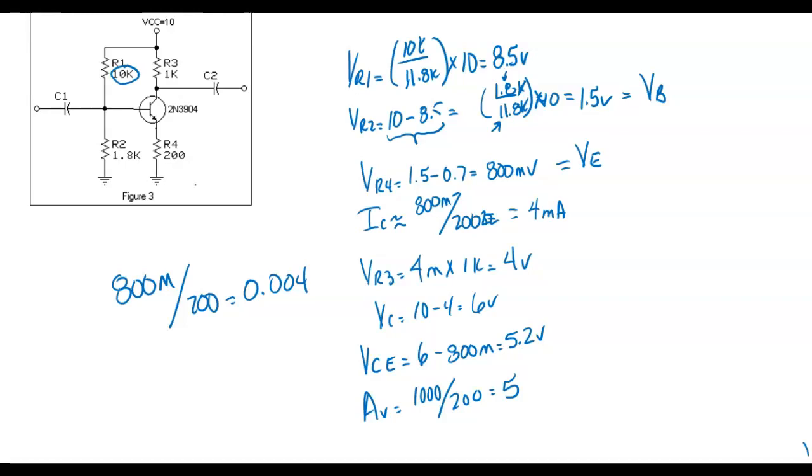So this is number 3, and they all work exactly the same way. The only new formula we learned is how to calculate the gain, and this is not really new. We learned this back in diodes, right?